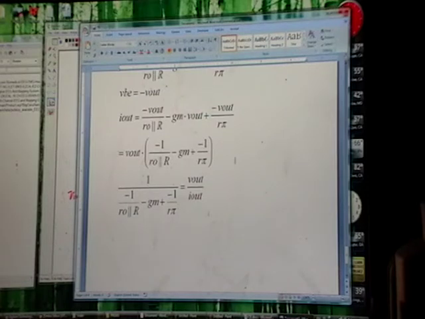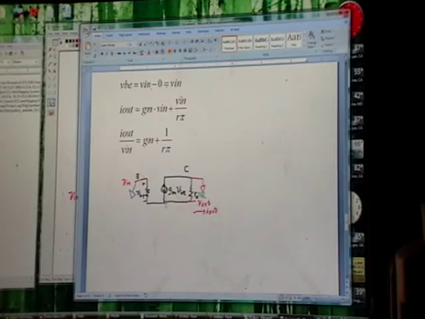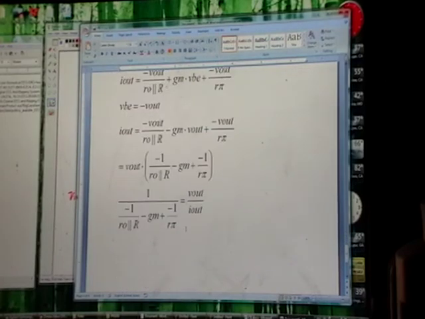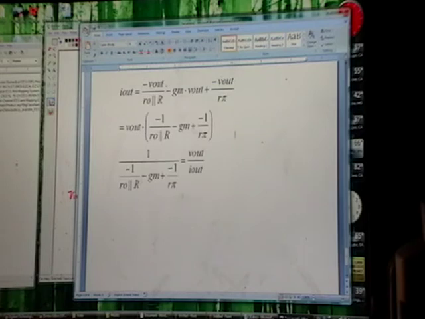So it's looking at this and this and this as in parallel, which makes sense. They all go from this node to ground. As I said, I'll fix this later.